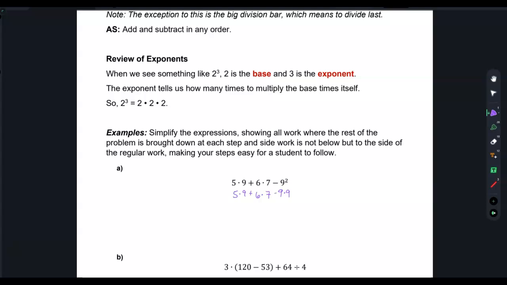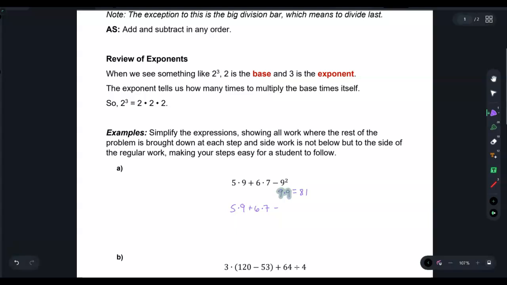Just be aware that every step that you show, you should bring everything else down. You should not be doing 9 times 9 equals 81 and then go back to your original problem, because that's really hard for students to follow, right? If I have this work shown here and then all of a sudden I change what I'm doing to the rest of the problem, that can be hard for students to follow.